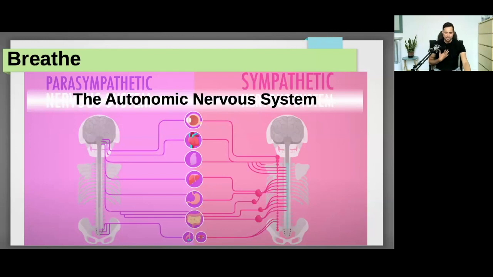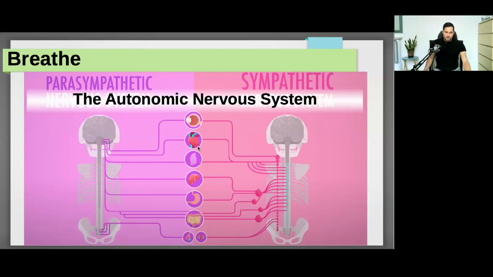Unless you have a condition, your autonomic nervous system will take care of your breathing, and you will breathe without thinking about it. However, if you want to choose to change your breath, in the same way I can choose to wave my arm, you can also take control of it yourself. And that's the only aspect of this autonomic nervous system where you can choose to do that.